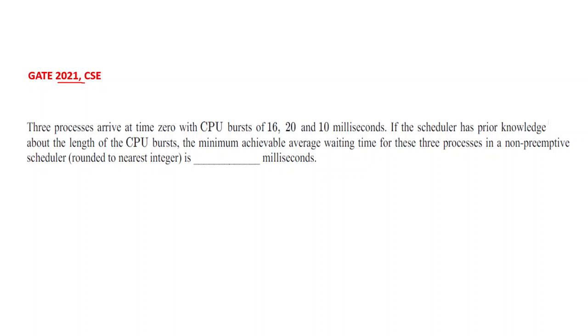This appeared in the GATE 2021 CSE paper, where three processes arrive at time point 0 with CPU bursts of 16, 20, and 10 milliseconds. If the scheduler has prior knowledge about the length of the CPU bursts, the minimum achievable average waiting time for those three processes in a non-preemptive scheduler, rounded to the nearest integer, is so and so milliseconds.